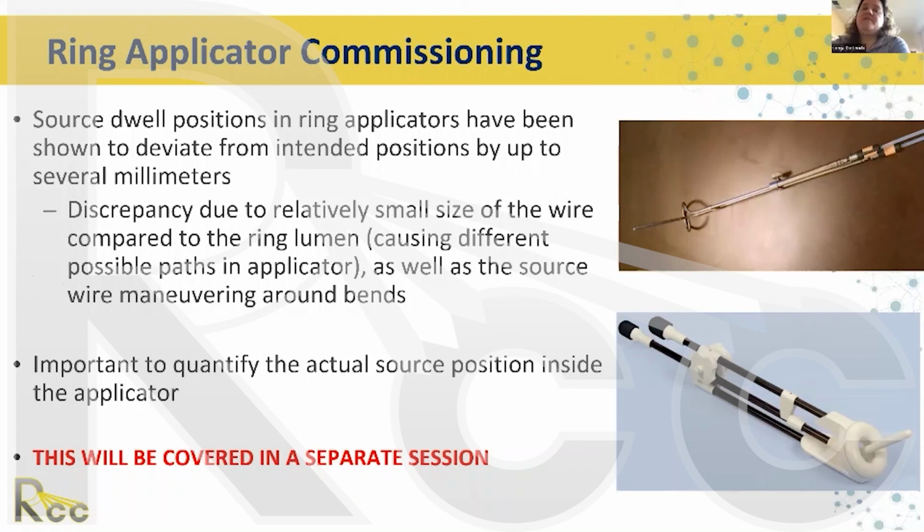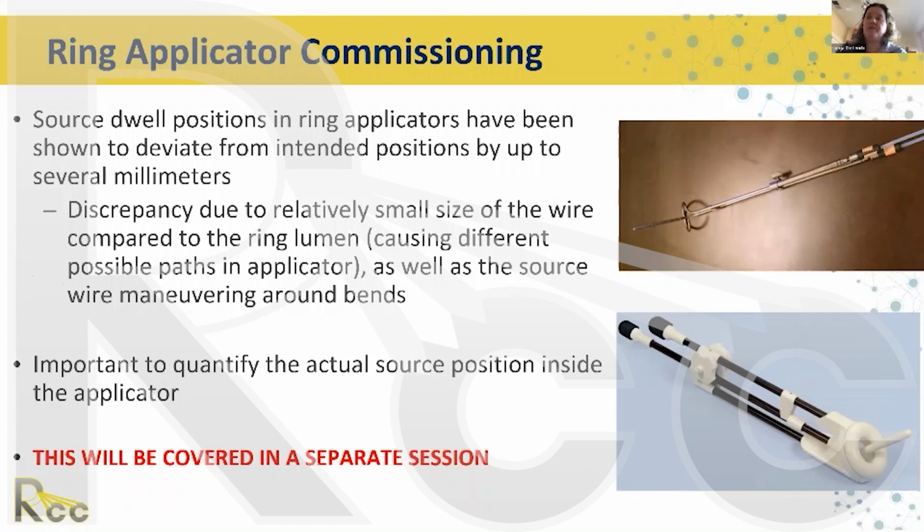And this is why it's so important to quantify the actual source position inside the applicator. The combination of autoradiograph and radiograph for the tandem and ring is really, really crucial. And different vendors have come up with different solutions for how to compensate for that issue.